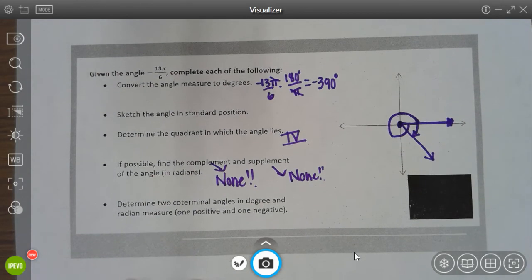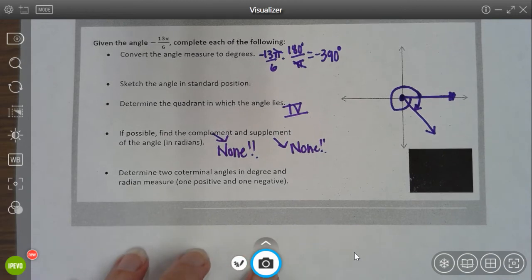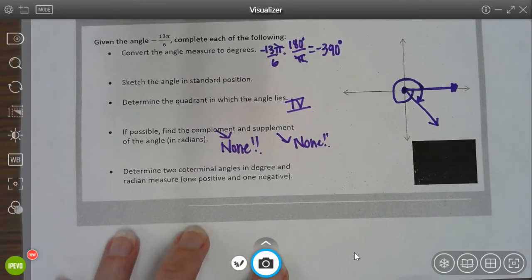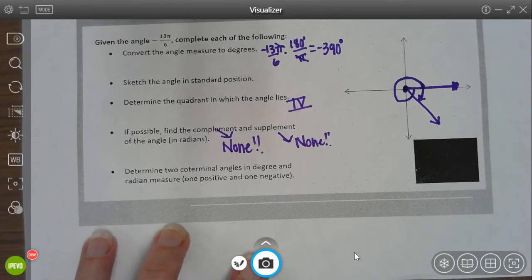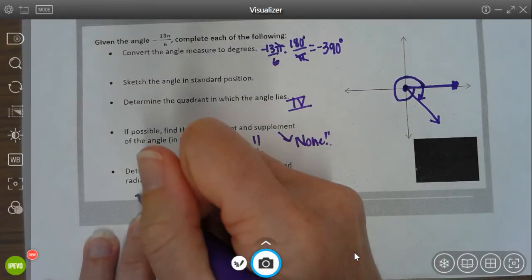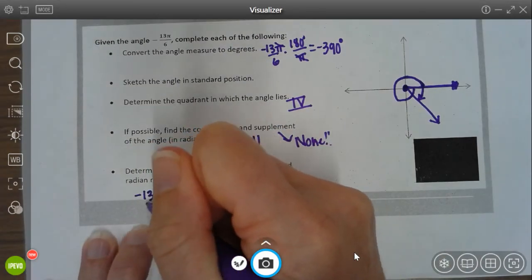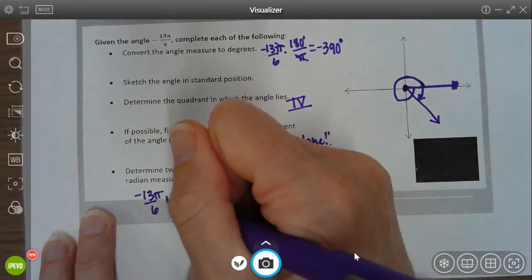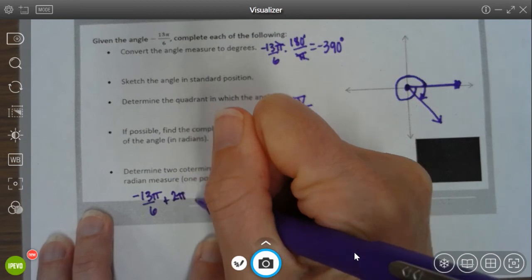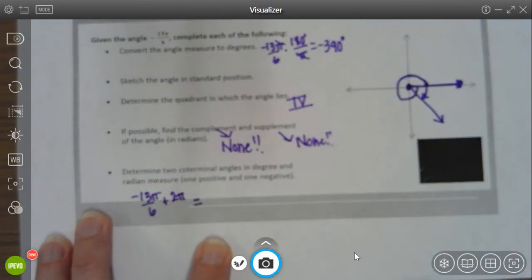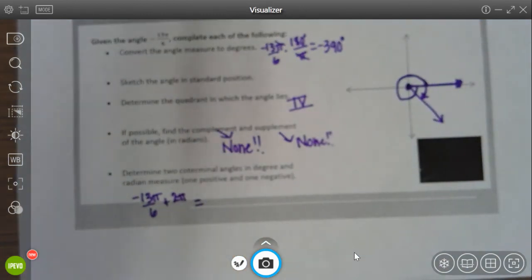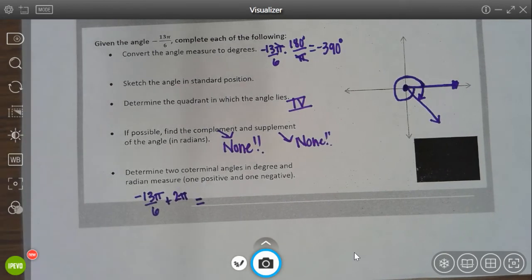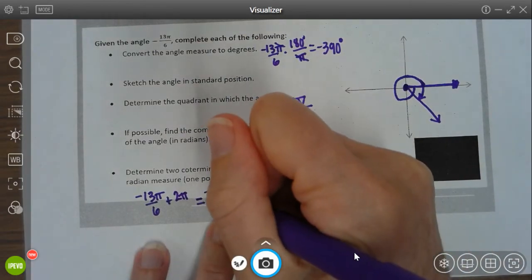And then finally, for coterminal angles, one positive and one negative, and I want it in both degree and radian measure. So if I'm in radian measure, remember we want to add 2 pi. So that would be negative 13 pi over 6 plus 12 pi over 6. So I'm going to get negative pi over 6.